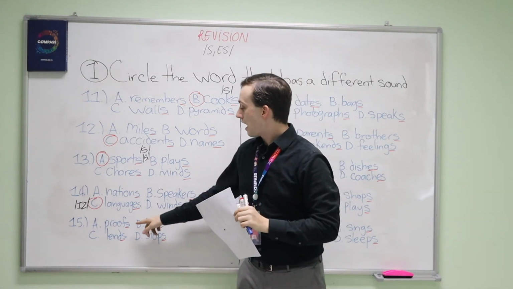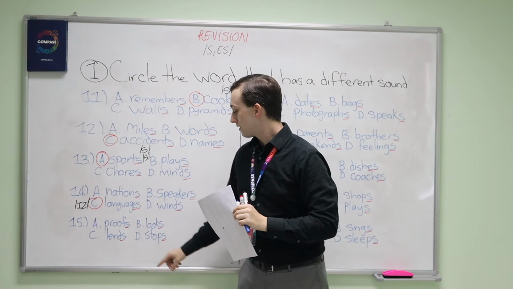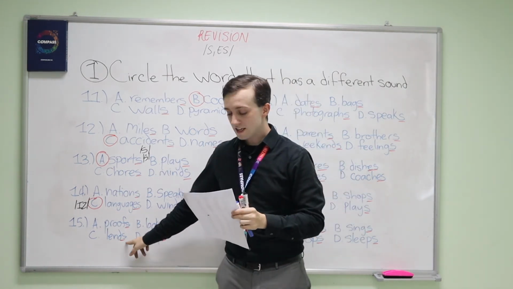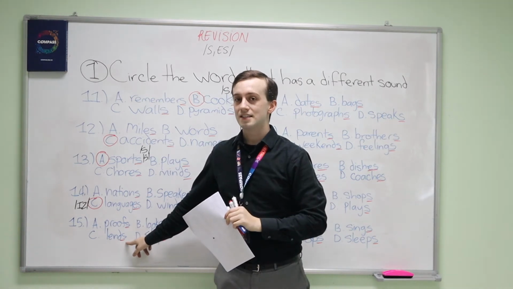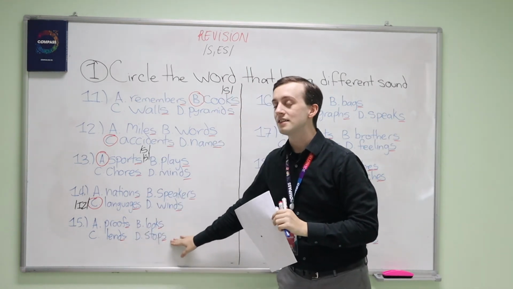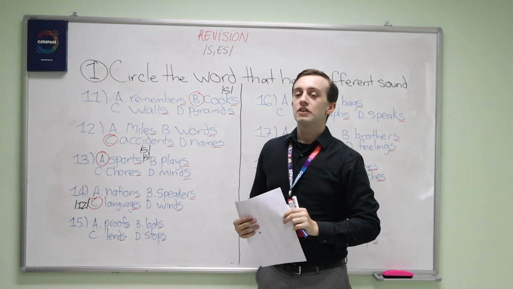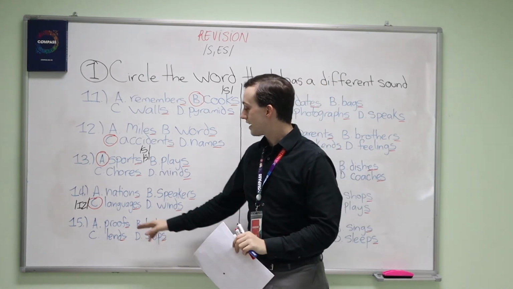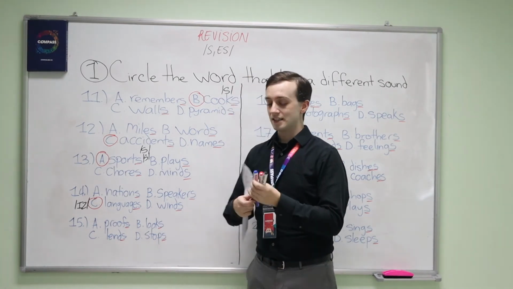Okay? Time for question 15. A is proofs. B is looks. C is lens. And D is stops. Question 15. The answer for the different sound is C. Lens.